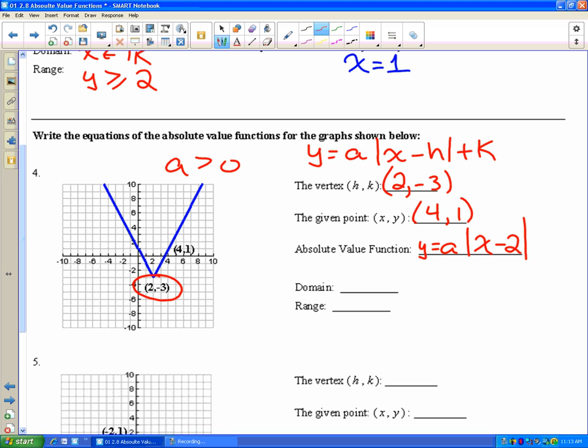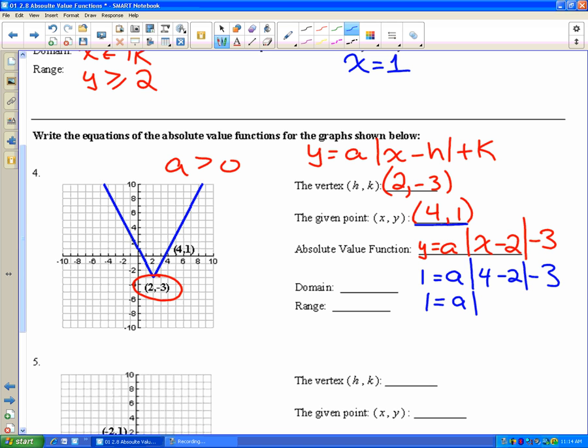It's a negative 3, so plus a negative 3 is minus 3. Now I need to find my a. There are 2 ways of doing it, and I'm going to show you both. The first way is to come to my equation and say I have the coordinate 4, 1. Y is 1, a is missing, x is 4. I can solve for that a.